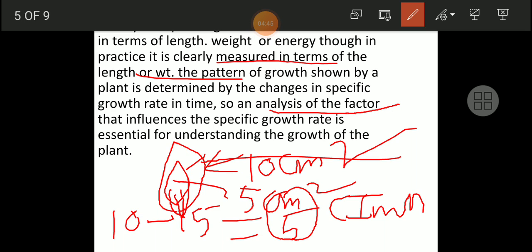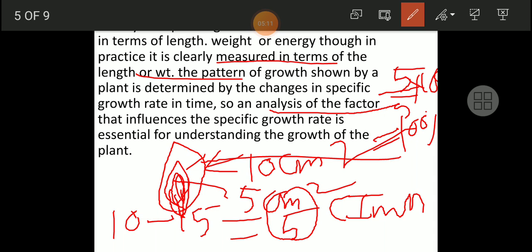Now relative growth also we can calculate here very well. What is the absolute growth? That is 5 centimeter square, isn't it? What is initial? The initial size of the leaf is 5 centimeter square, multiplied by 100. So 100% is the relative growth rate.